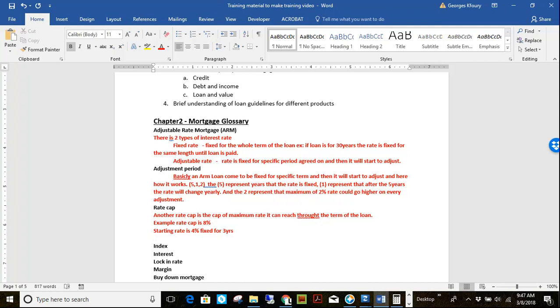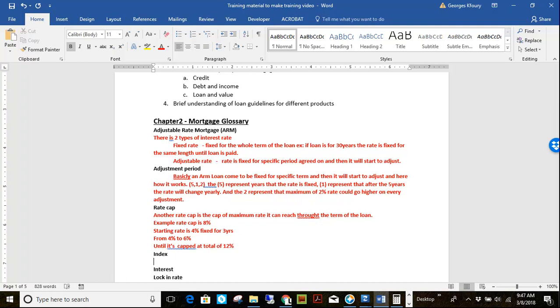So the first year will go from 4% to 6%. It could keep on going up every year until it's capped at a total of 12%. Once it reaches 12%, that's it. It cannot go higher than that. That's what an 8% cap means.